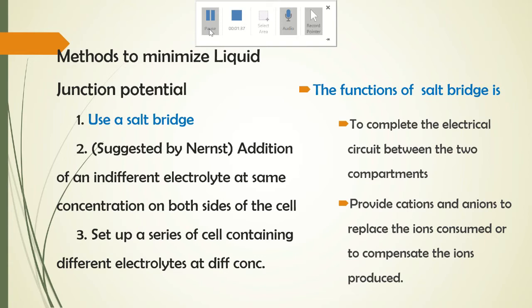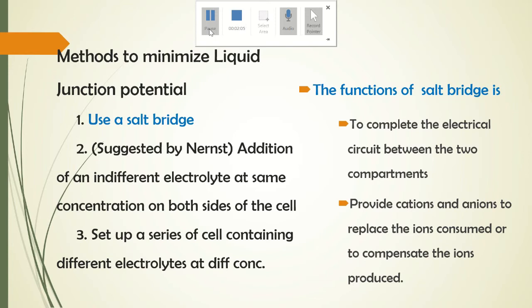The second method, which was suggested by Nernst, is the addition of an indifferent electrolyte at the same concentration on both sides of the cell. If the concentration of the added substance is greater than that of any other electrolyte, the former will carry most of the current across the junction.